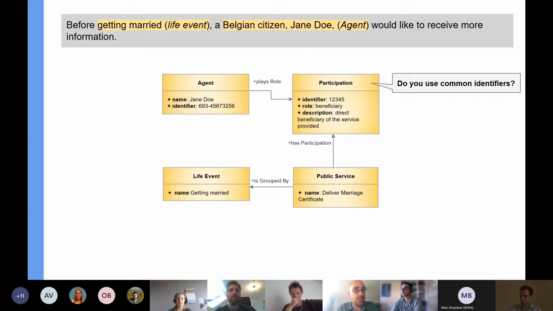I can be a citizen, but as a citizen I can be a dog owner, or an employment seeker, or someone wanting to get married, or a parent, and those are very different situations. If the goal is to communicate towards the general public about public services, I think we need a little bit more precision about this.